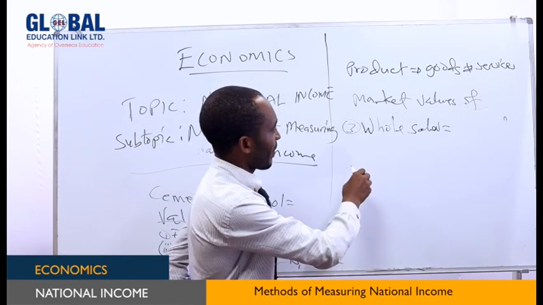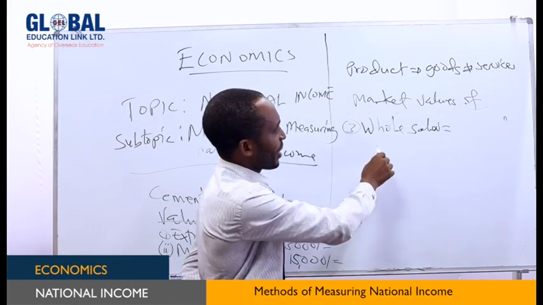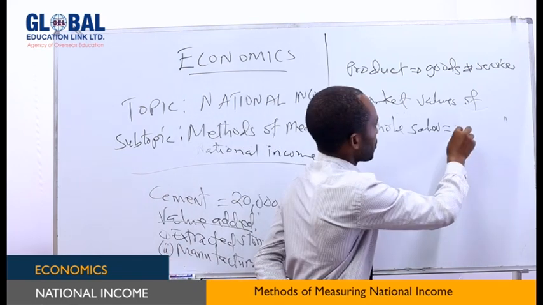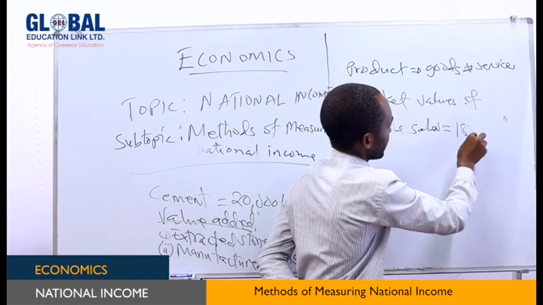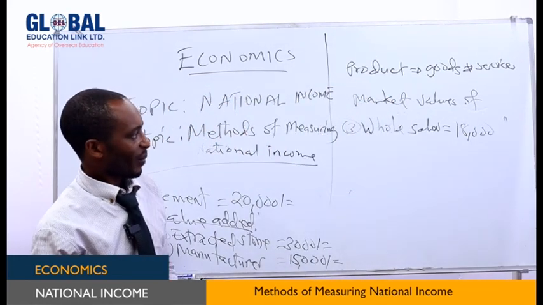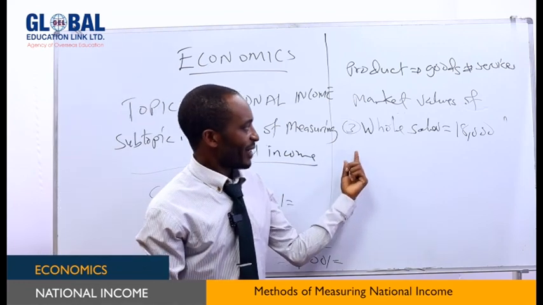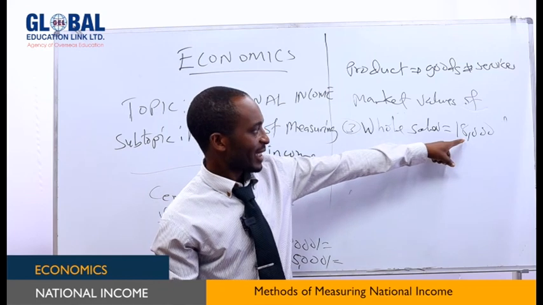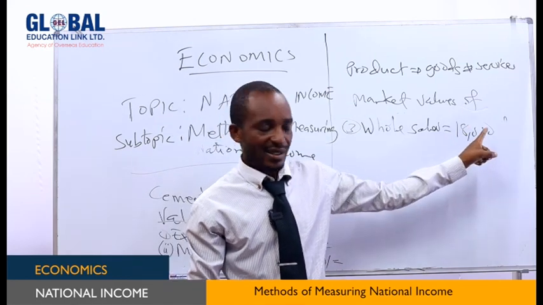Now the cost to buy cement from the wholesaler will increase from 15 to 18. Okay? So if you go and find the cement at the wholesaler, you will get it for 18,000.